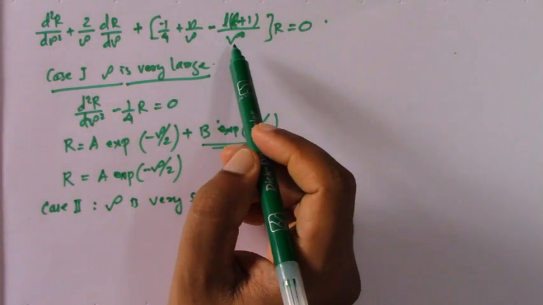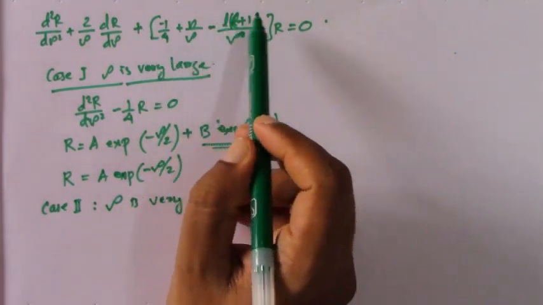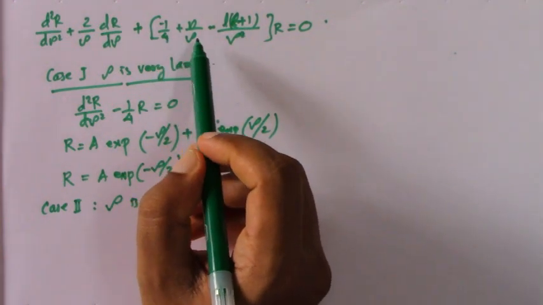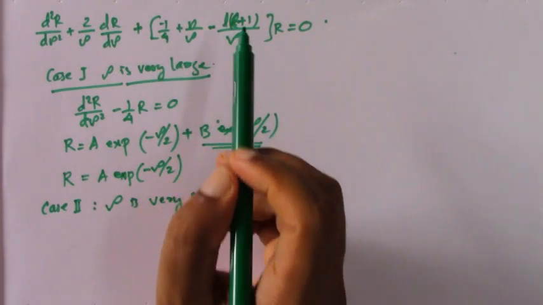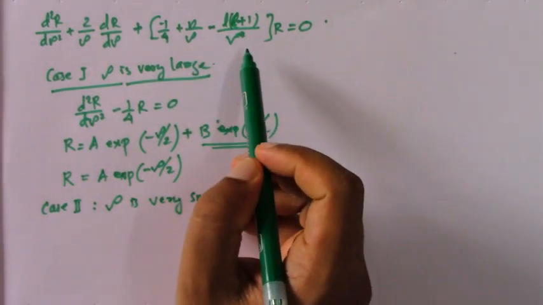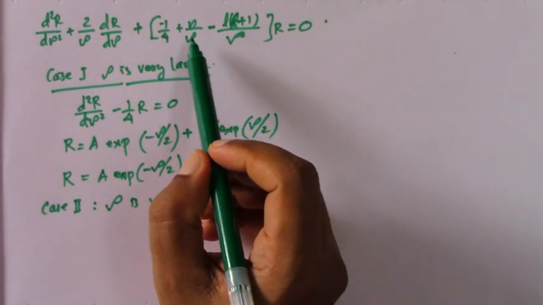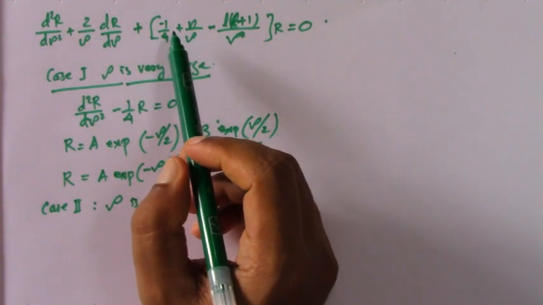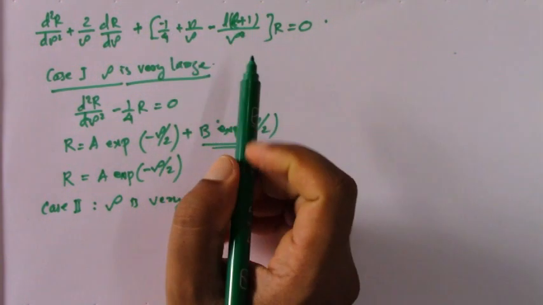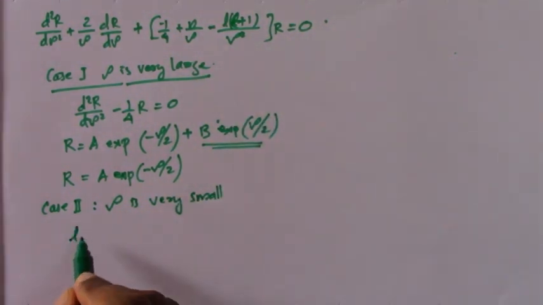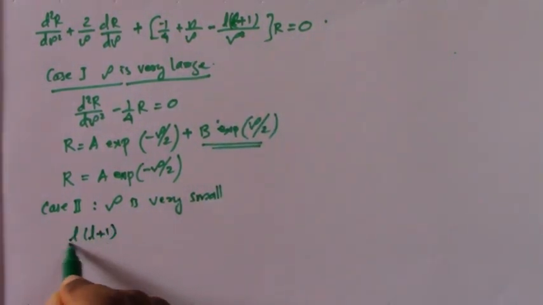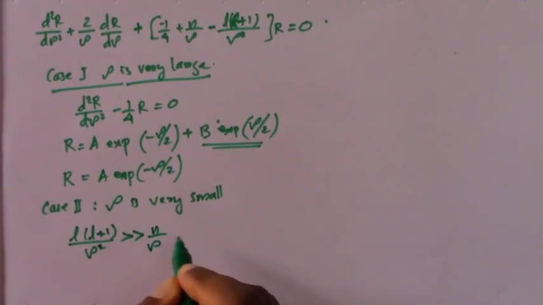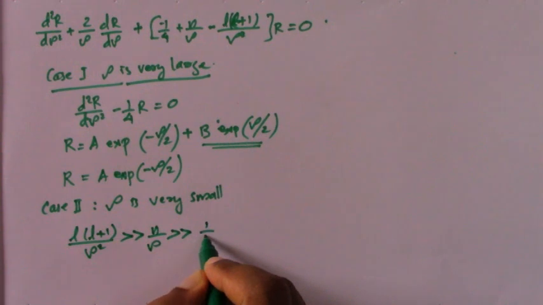Considering the terms inside the square bracket, minus 1 by 4 plus n by rho minus L into L plus 1 by rho square, the third term will be much greater than the second term, which will be much greater than the first term, 1 by 4. So L(L+1)/ρ² ≫ n/ρ ≫ 1/4.